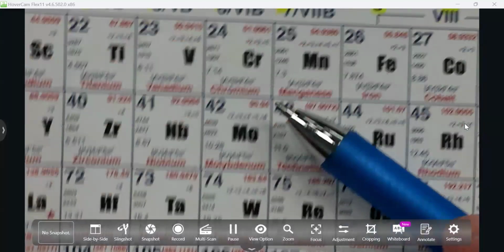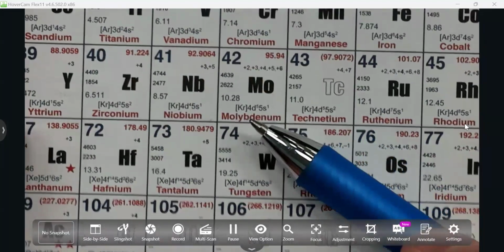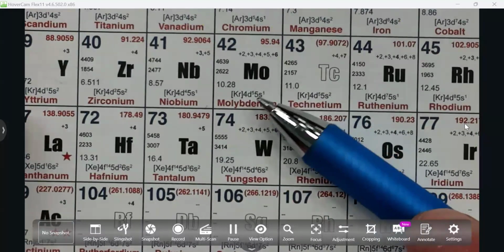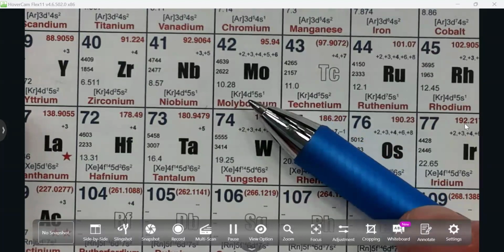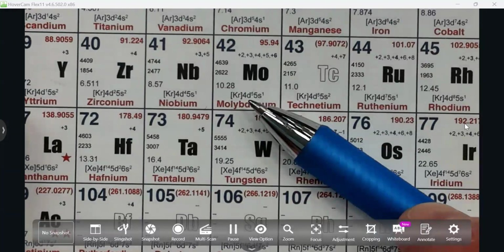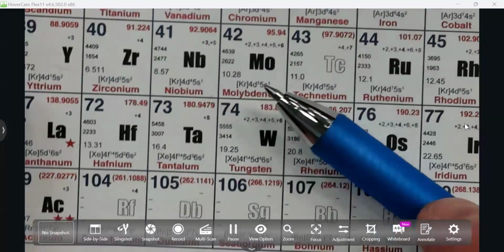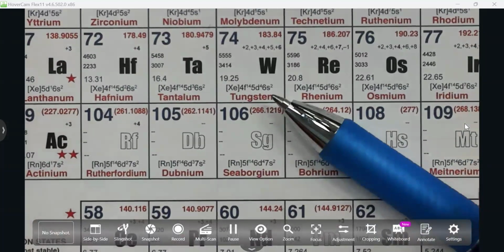Notice now, molybdenum does the same thing. 5s1, 4d5, right? One of them goes out of the S and goes into the D to give you a half-filled D5. All 5 up or all 5 down. Then once you know it, you can never trust an electron. When you think you have it figured out, then tungsten doesn't do it.